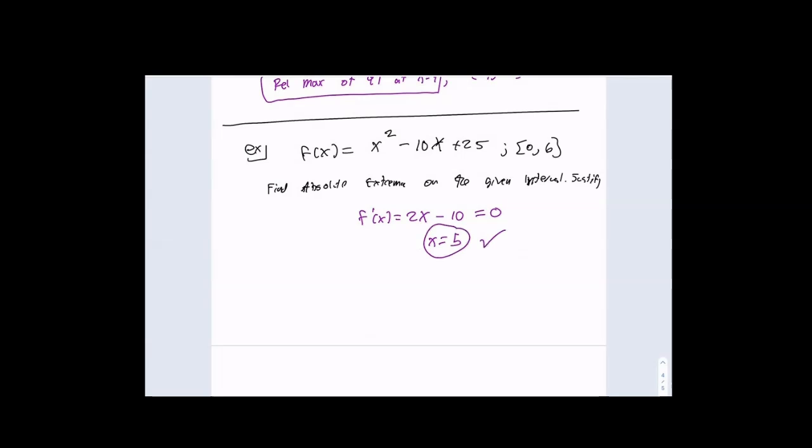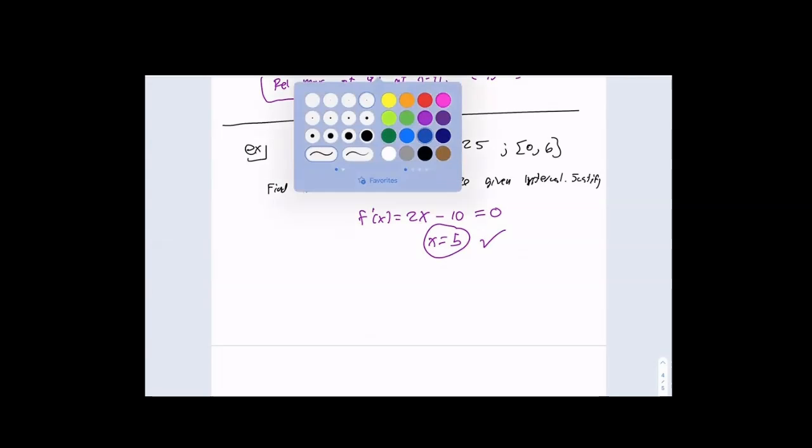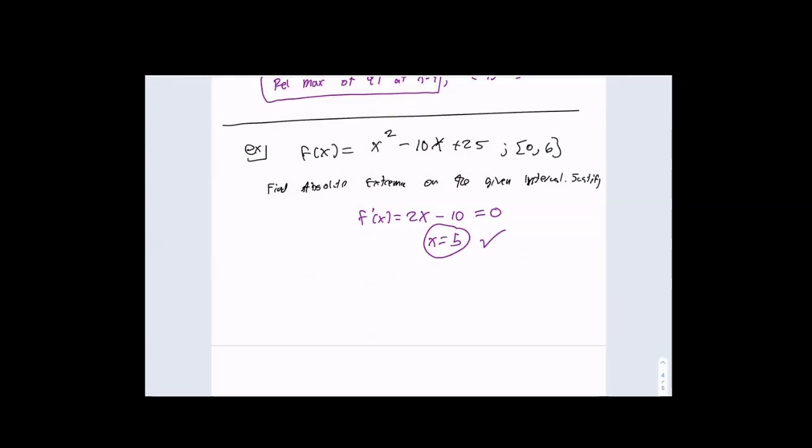Positive 5 is inside the interval. Good. What do I do next? I found my critical points. What do I do next?